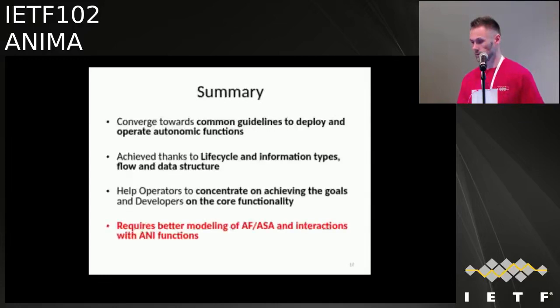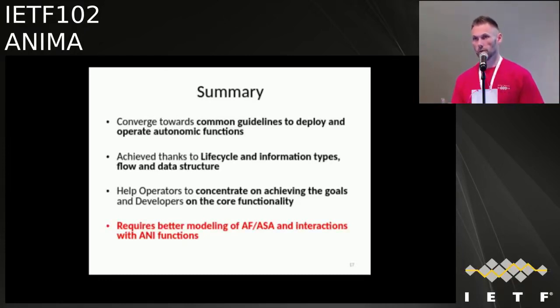Next slide, please. So in summary, what we propose is to discuss and specify a set of common guidelines on how to deploy and operate autonomic functions. To achieve that, we want to specify a life cycle and the different elements, information types, information flow, and data structure that are necessary to support this life cycle.